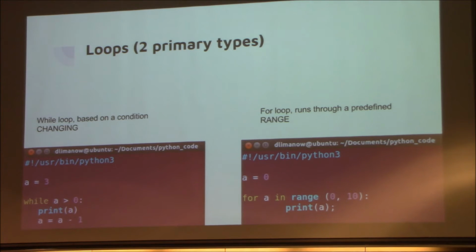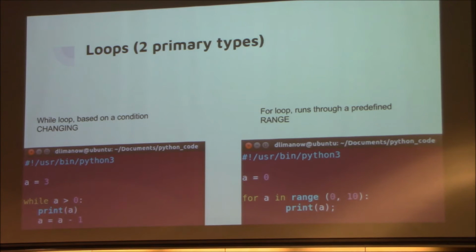In this case, we set a variable a equal to 3, and we're going to keep that loop going while a is greater than 0. So basically what this does is print off the value of a, and then subtract 1 from it. So it'll go until a is no longer greater than 0. If I got rid of that bottom line, it'd be an infinite loop, which you can absolutely do if you wanted to.